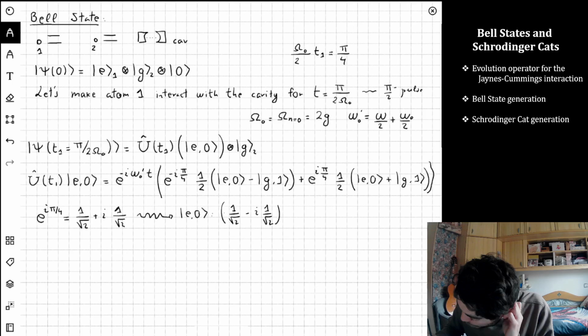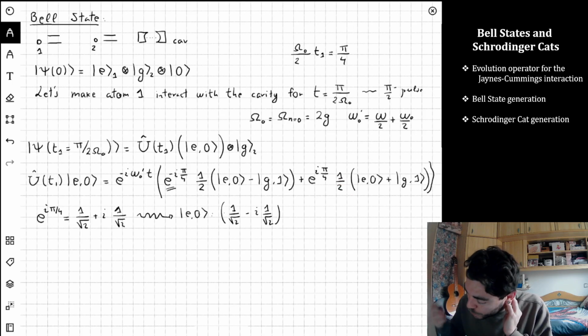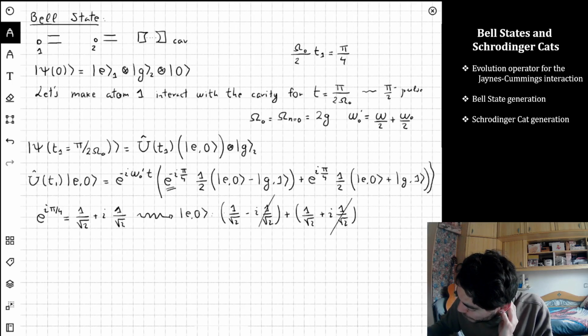This is this term times E0, and on the other side, because I'm factoring out the 1/2 from everything, you have the opposite, right? You are summing 1 over square root 2 plus i 1 over square root 2. So very clearly you get 1 over square root 2.